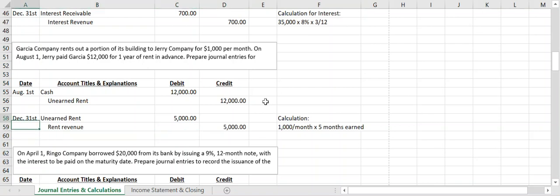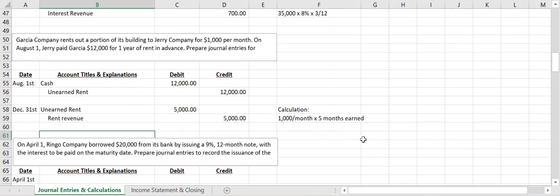Again, adjusting entries affect a balance sheet account and an income statement account, and the income statement account is always increasing because we're always recording either what was earned during the period or what has been used or expired during that period. So revenues and expenses are always increasing with your adjusting entry.